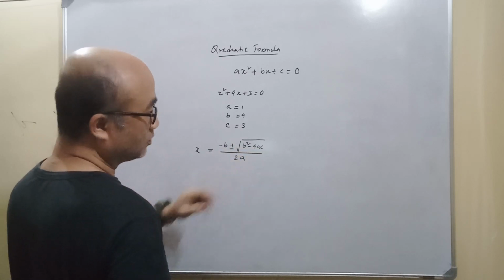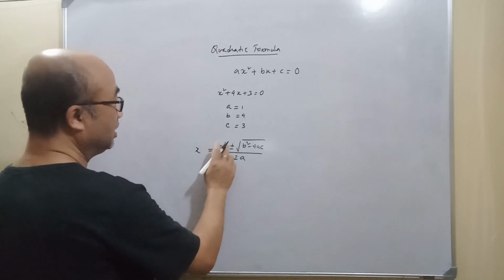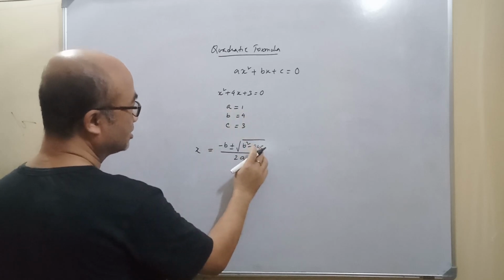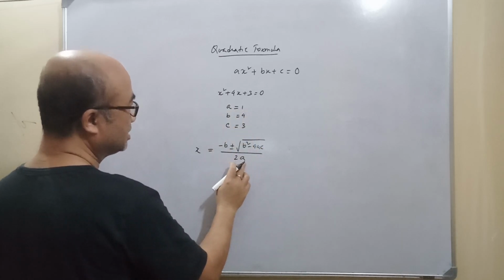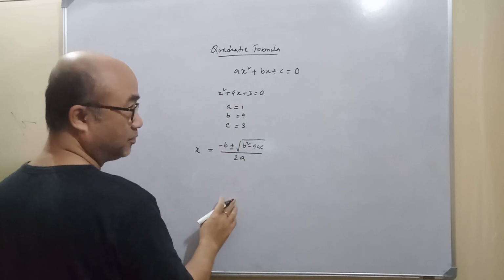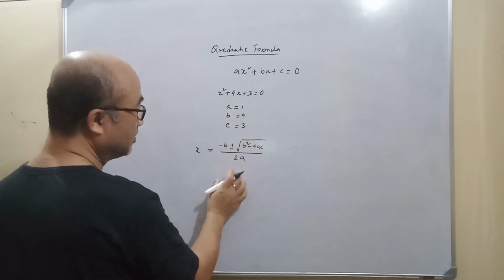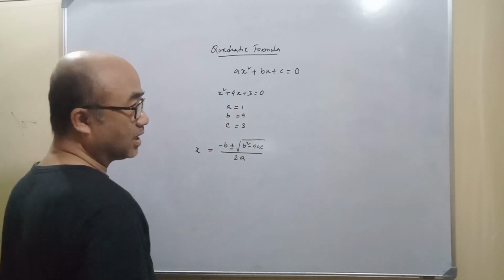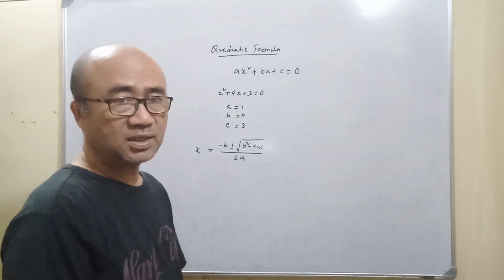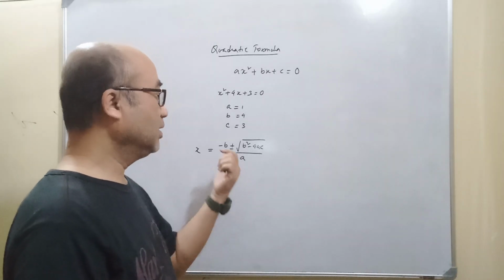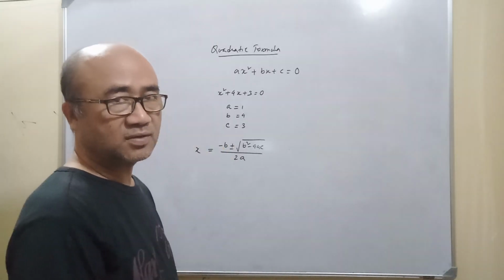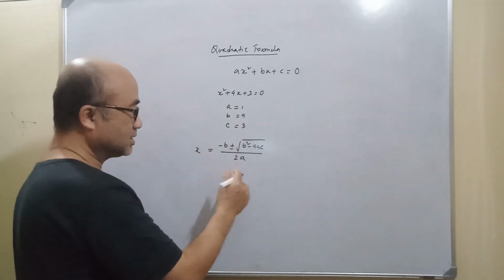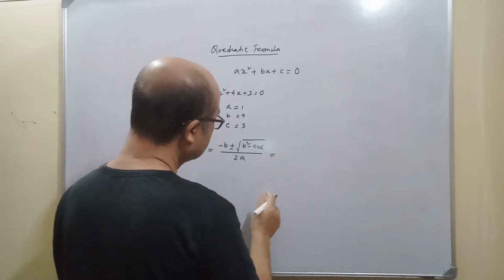That is the formula, straightforward. This one is b, this one is a, this one is c, and this is twice a. Just replace the values from the equation and you get the values of x. Very straightforward, nothing complicated. If you know a, b, c, you can find the solutions of the equation quite easily. So in this case, let us find the values of x.